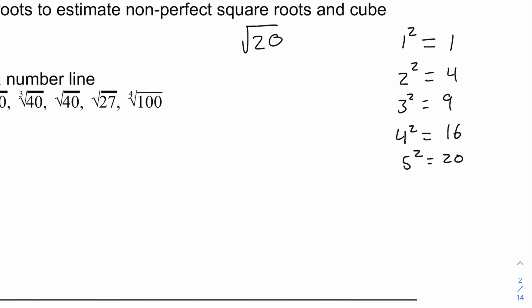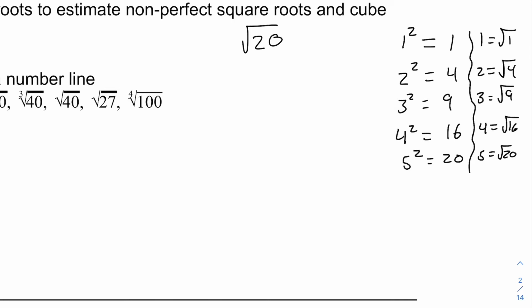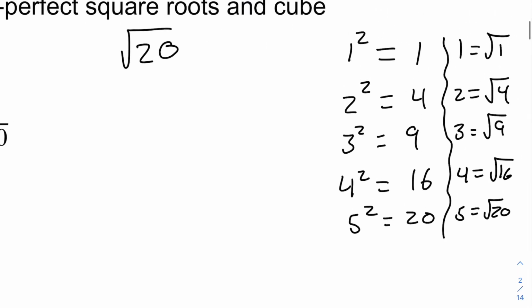You can also rewrite this as 1 equals square root 1, 2 equals square root 4, 3 equals square root 9, 4 equals square root 16, 5 equals square root 25. So if we look at root 20, it falls between... sorry, this should be 25. That's some bad math on my part. So this should be root 25.